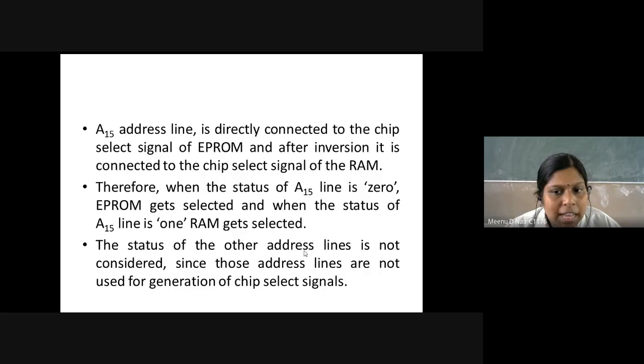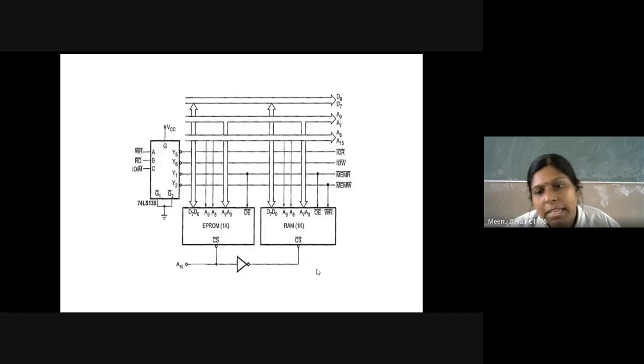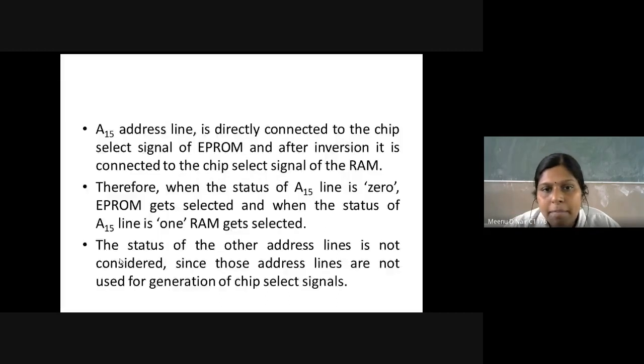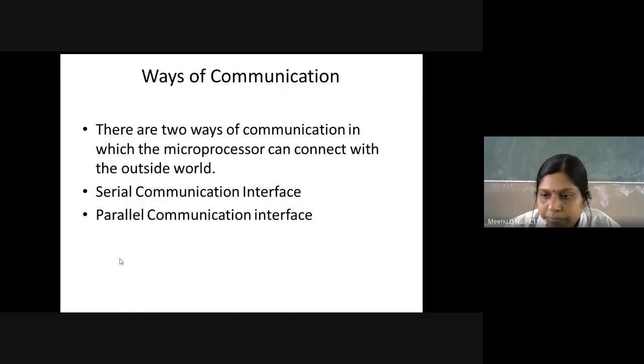The status of the other address lines is not considered, since they are not used for generating the chip select signal. Only the A15 signal is used to choose between EEPROM and RAM.